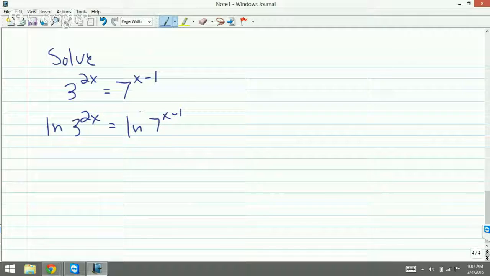What is it? Right. Properties of logs. Put them in front. Now you have a solvable equation, right?